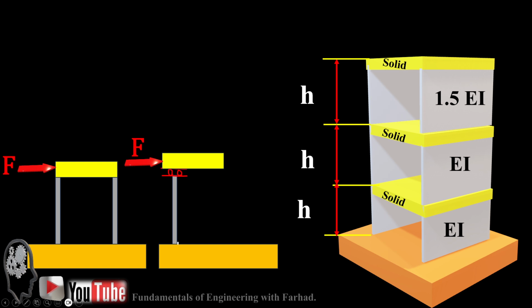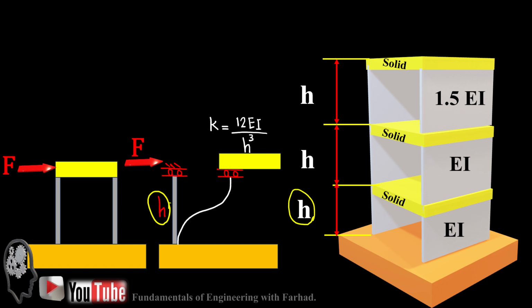Let's jump back to our problem. If a lateral seismic force is applied at level 1 and the structure moves like this, the stiffness for such a structure, with one end fixed and the other guided, is 12EI over H cubed. The height and EI are provided, and our structure has two of these shear walls.